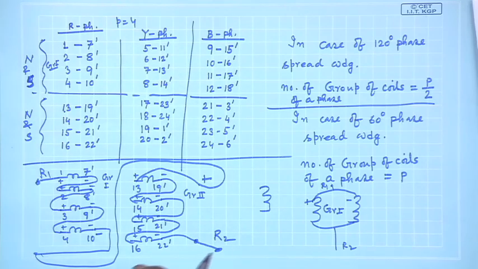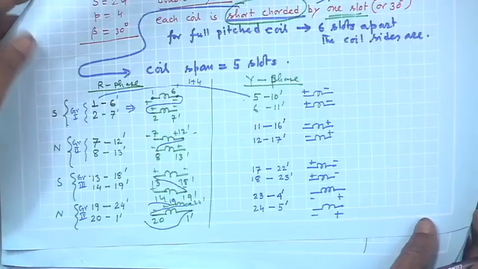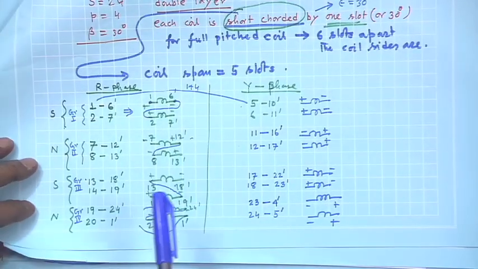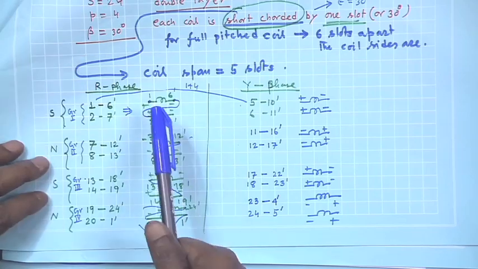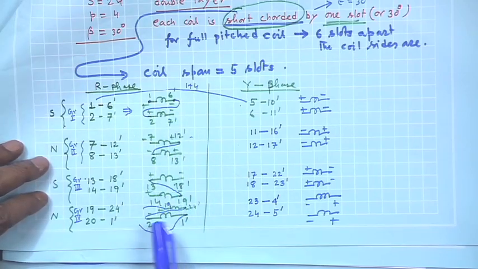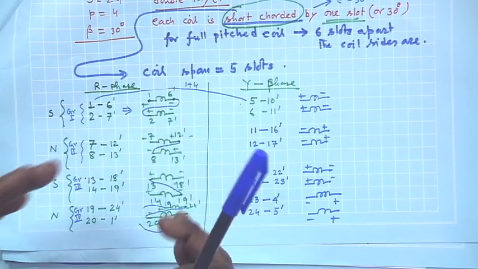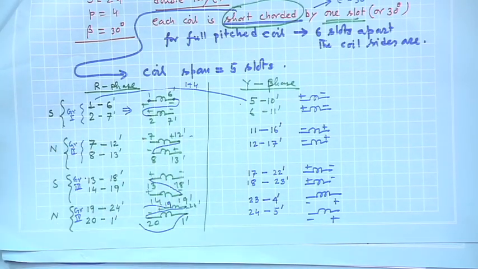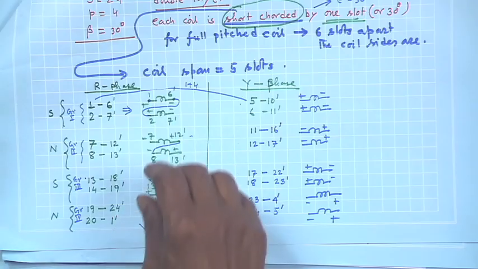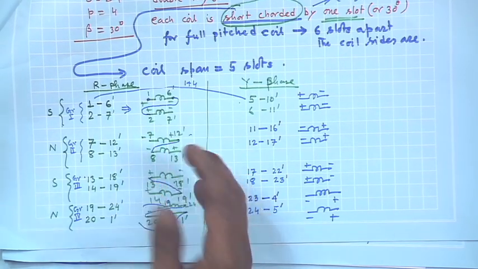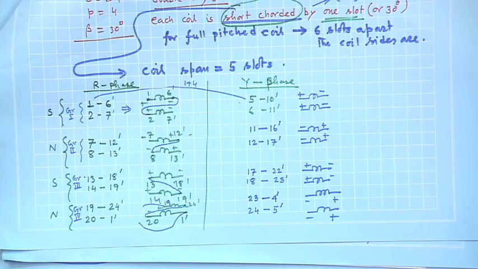Similarly, a 4-pole machine, I mean 60-degree phase spread coil, for example, here there are 4 groups 1, 2, 3, 4, they can be connected in series, and also all these 4 can be connected in parallel, or 2 you take, connect them in series and then the combination in parallel.